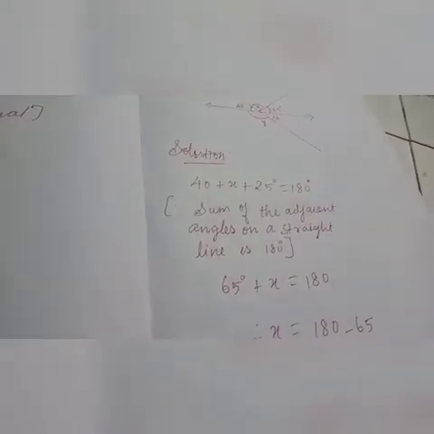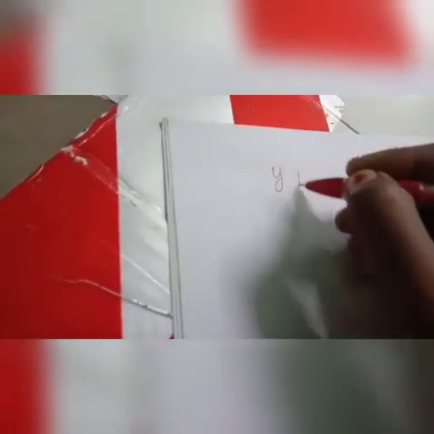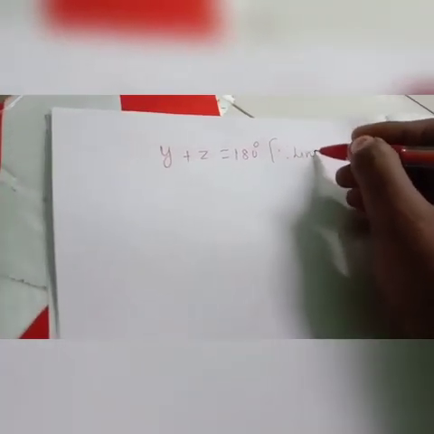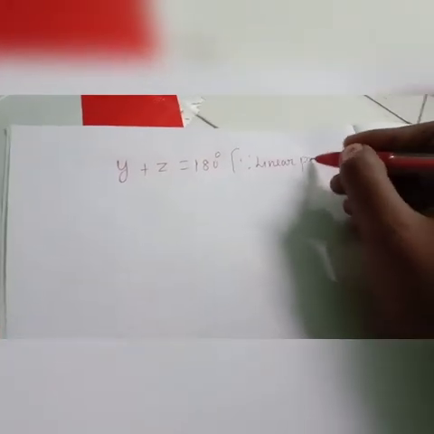And now we can find y value. Why? Because these two angles are adjacent angles. The same property we can use. Sum of the adjacent angles on a straight line is 180 degree. By using that property, I can find y value. So y plus z is equal to 180 degree. Since linear pair, or you can say sum of the adjacent angles on a straight line is 180 degree.